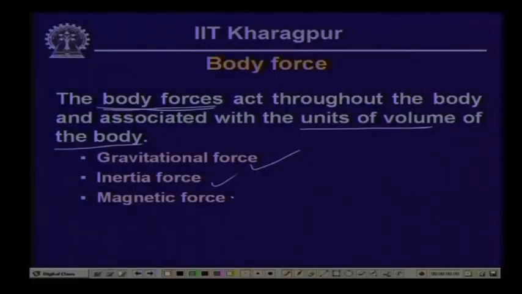Though it is distributed over the volume, when we analyze the forcing system, we apply the body force assuming that it acts through the center of gravity of the body. So, when we analyze a structural component, the body force we apply at the center of gravity of the body, and basically these are the gravitational force, the inertia force or the magnetic force, generally termed as the body force.